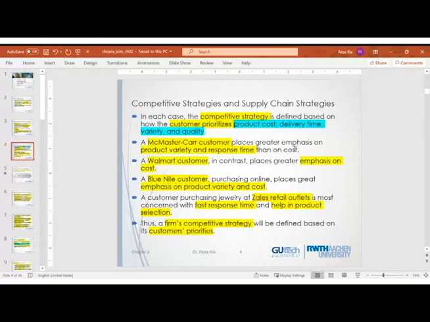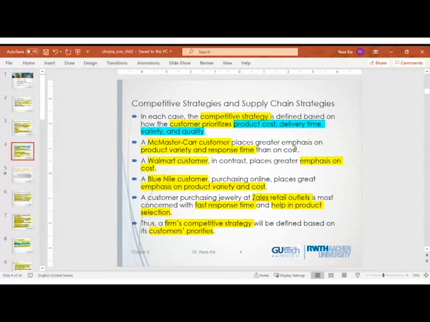Maybe the ease of purchase, maybe we are preferring to have some kind of online purchase. We are sometimes seeking delivery of items in-house. Based on the priority that your customer may have in their mind, the competitive strategy of the supply chain will be defined.